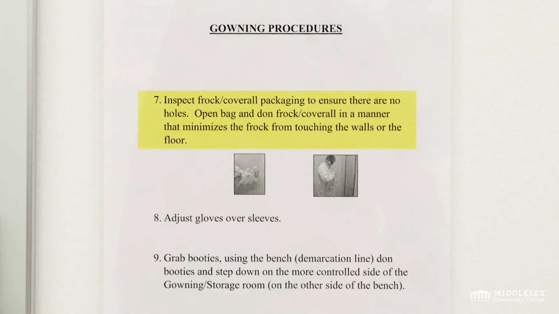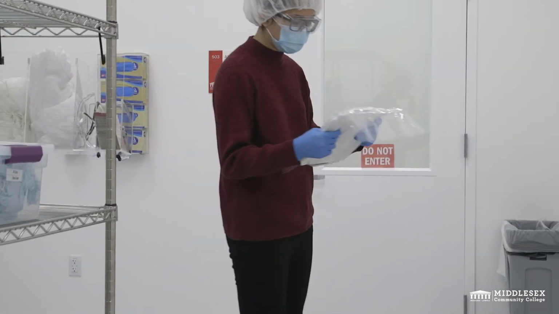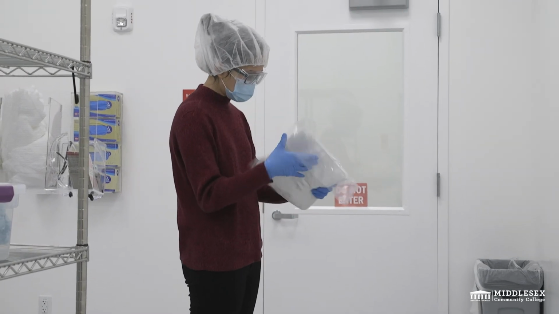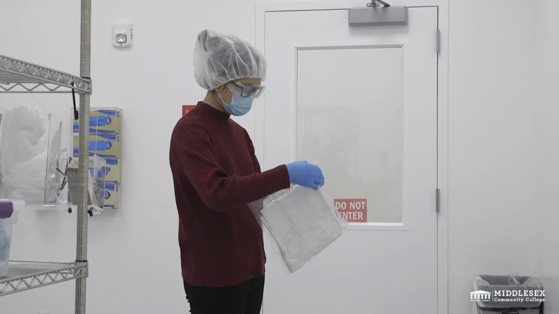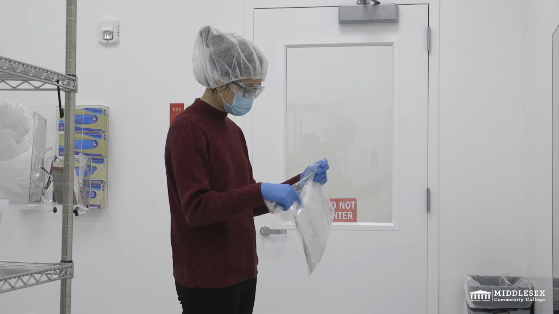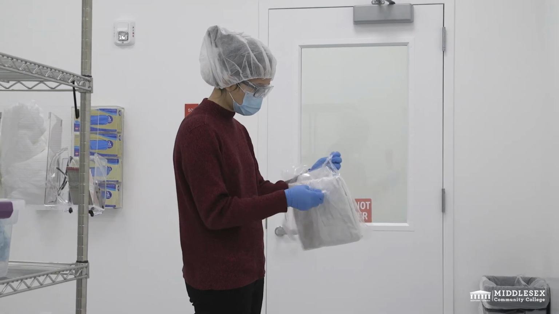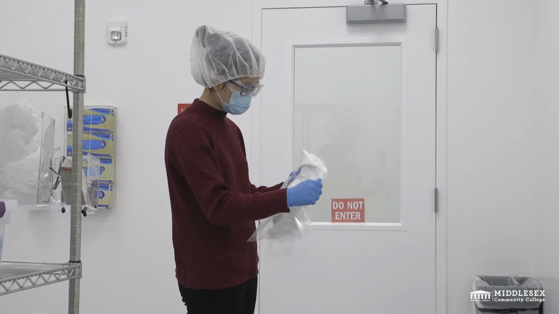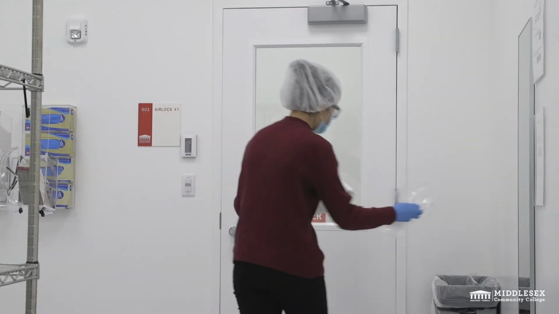When you're ready to gown, you want to inspect the outer bag to make sure that there are no holes or punctures. If so, dispose of that gowning material immediately. Once you verify that there are no holes, open the bag and inspect your coveralls or frocks to make sure that there's no damage or graffiti.